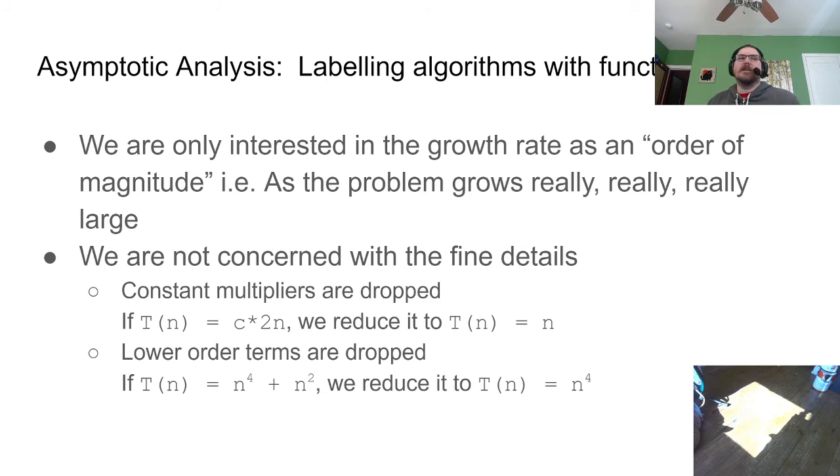For instance, if we find that something takes 3 operations per element, that would be 3 times n, right? Well, we actually just simplify that to n, because as long as it's a fixed number, we don't care. If it's 3, if it's 10, if it's 20, I don't care, as long as when n grows, that number stays constant. So a 100n algorithm is considered the same as a 2n algorithm as far as asymptotic analysis is concerned.